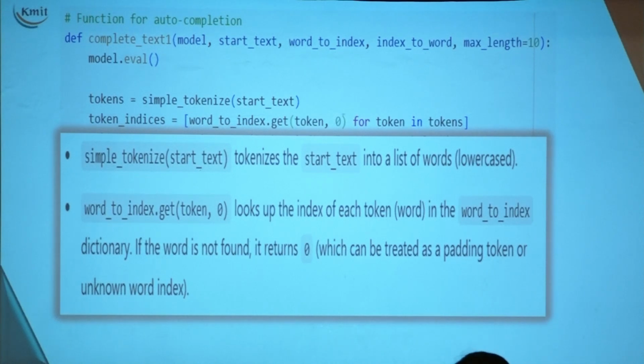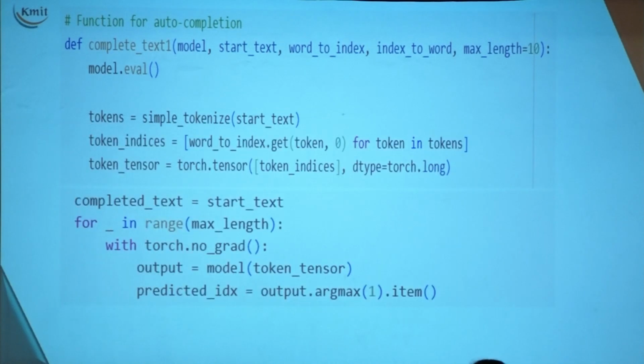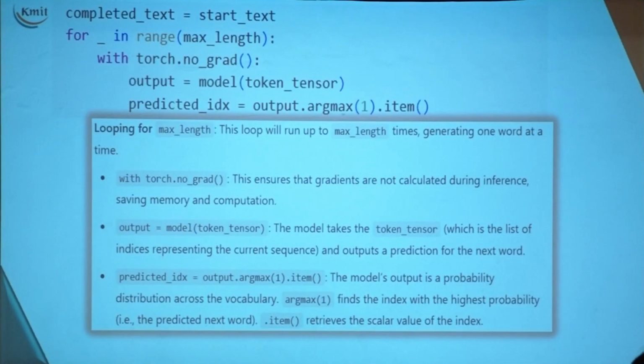Okay. Now once that is done, once you have completed your start text of 5 words, you will put that into completed text, and then for that underscore in the range. Why do you use that underscore here? When you don't want to take any variable there, you can go for an underscore. So this was the thing.